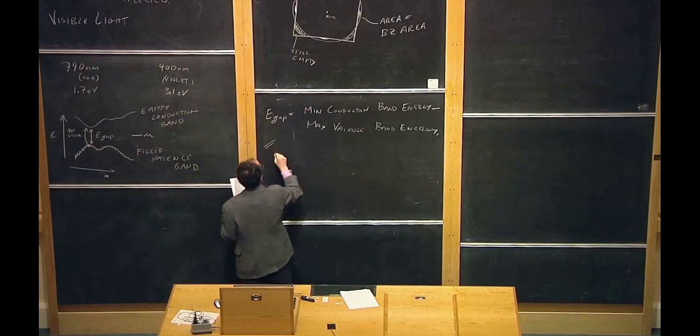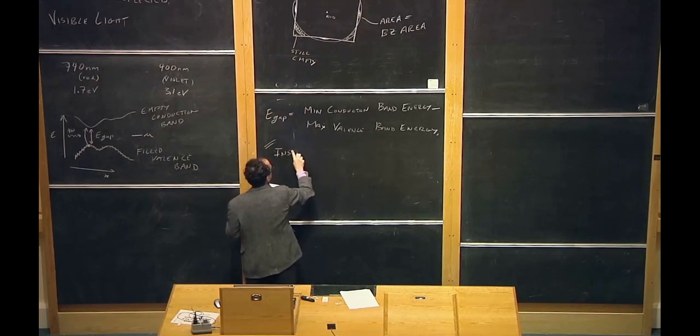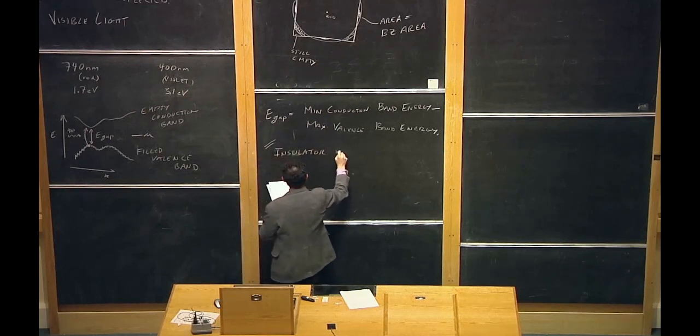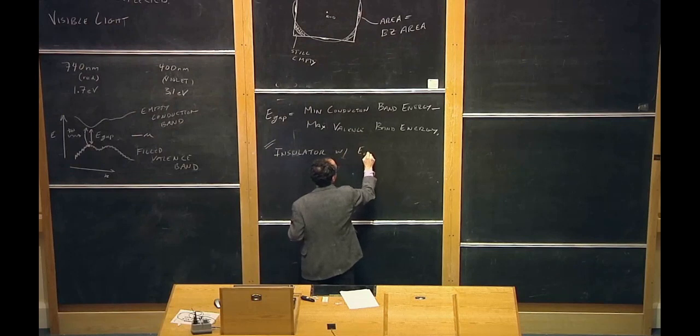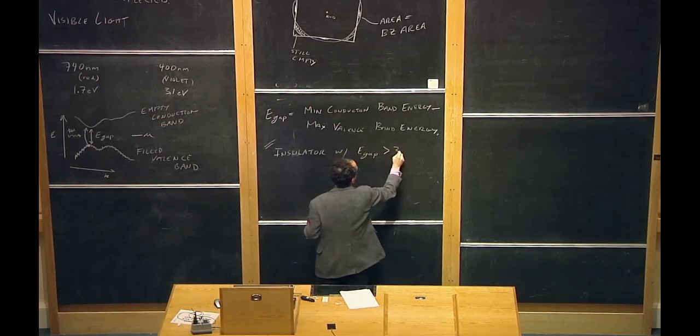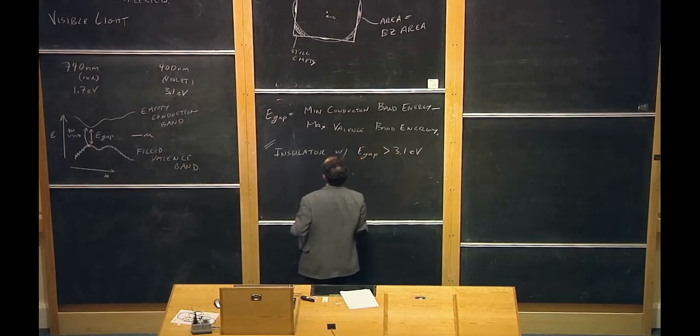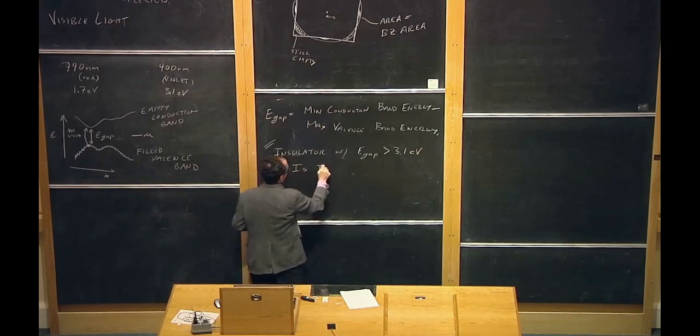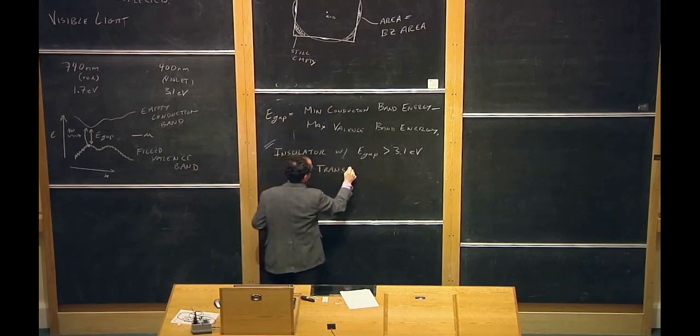So what this means is that an insulator with gap, E gap, greater than 3.1 eV is transparent. Why is that?